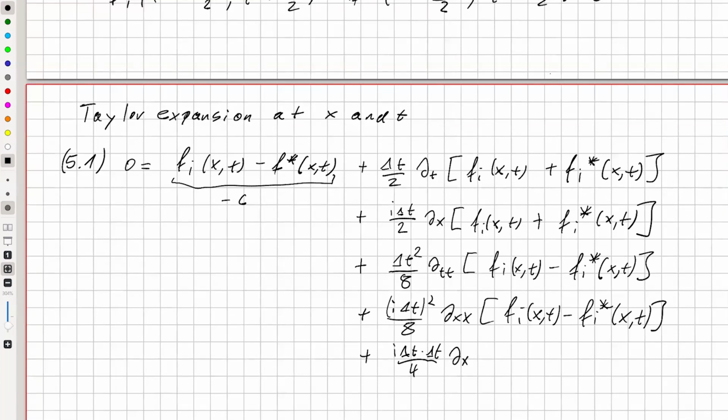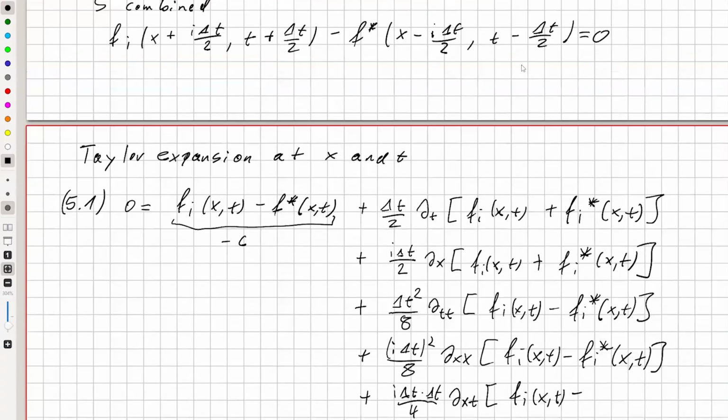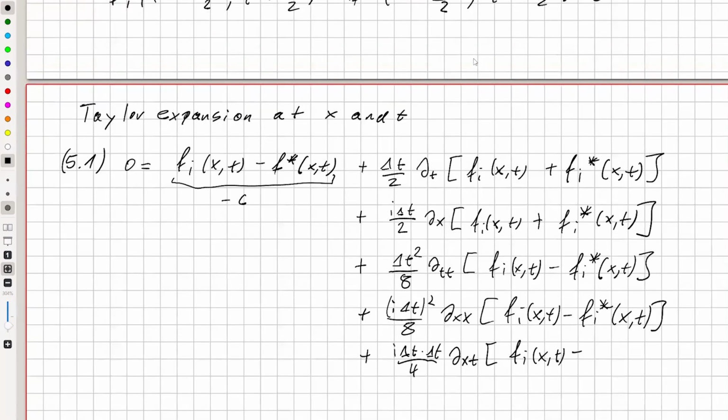And here we have the mixed ∂x ∂t, and still we have here the same, because minus, minus, minus, so it is minus f_i star, and now this goes on with terms of Δt cubed.